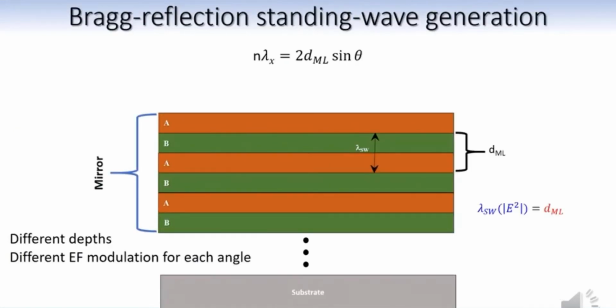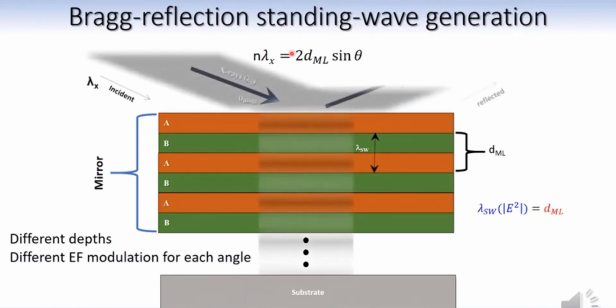Let's now look at the mechanism of how we create the standing wave. We use multilayer mirrors, which are not too different from the ones used in EUVL optics, and we are using Bragg reflection geometry, which in short means that we use monochromated X-rays and tune the incident angle to fulfill Bragg's law.